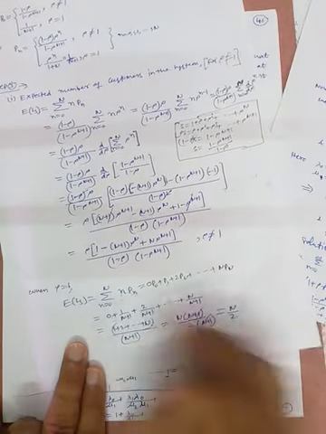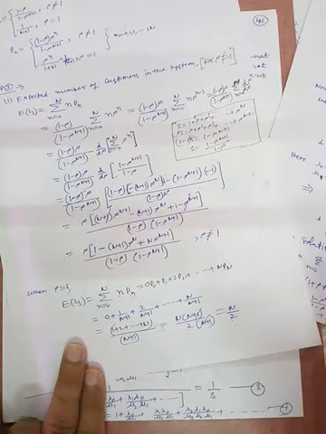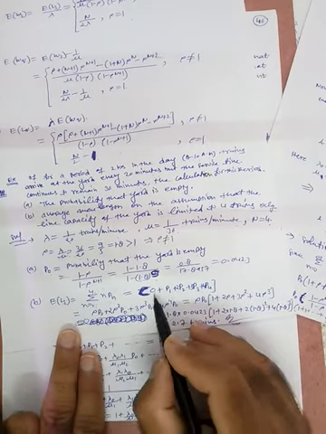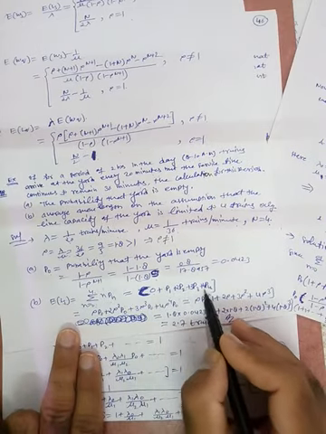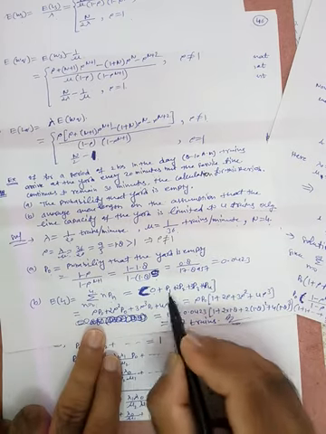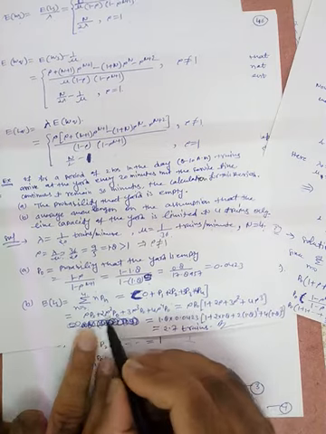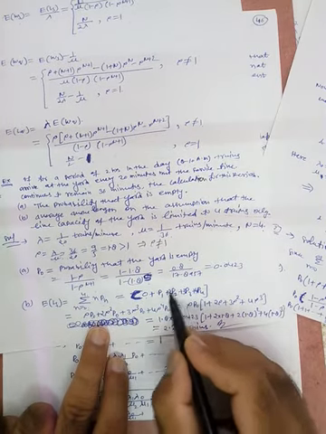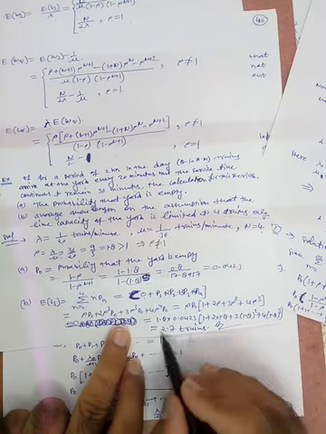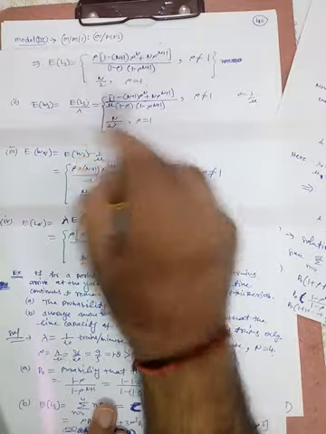Either you can use this, or if you forget the formula, you can use the basic formula: sum from 0 to 4, which is 0 plus P1 plus 2P2 plus 3P3 plus 4P4. Fine. P1 is rho P naught, P2 is rho square P naught, and 3P3 means this. After solving this we get 2.7 trains, or you can directly substitute the values here.